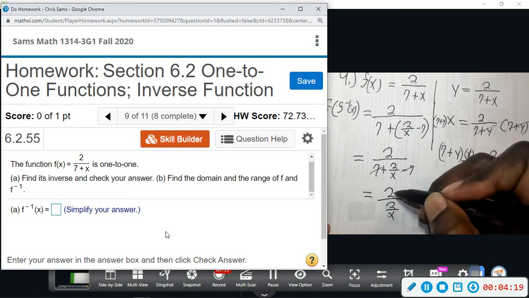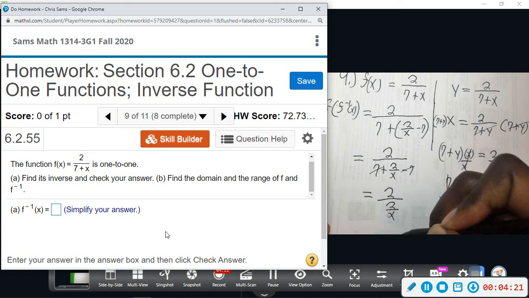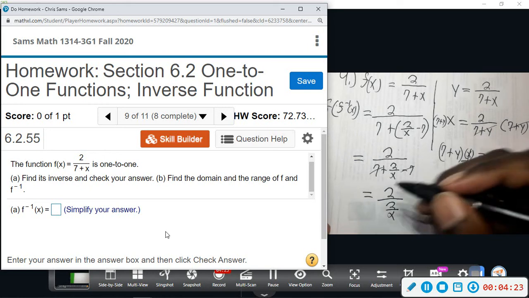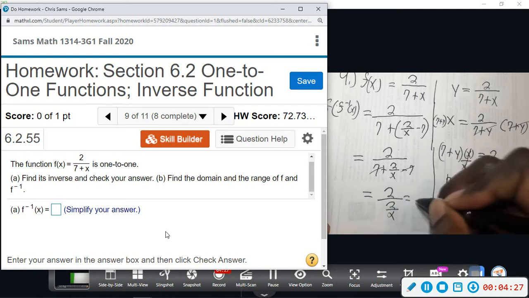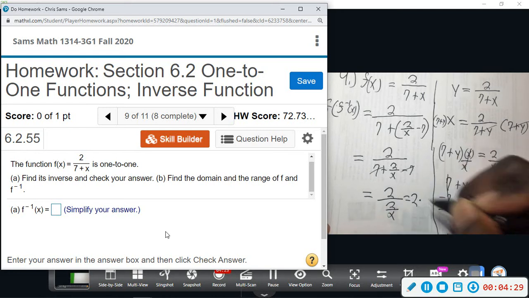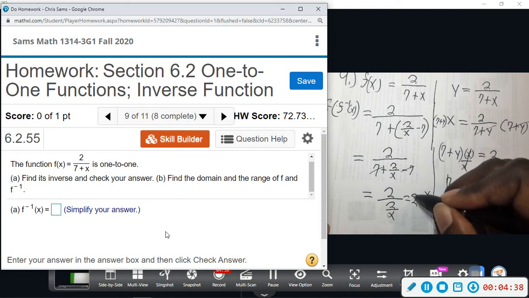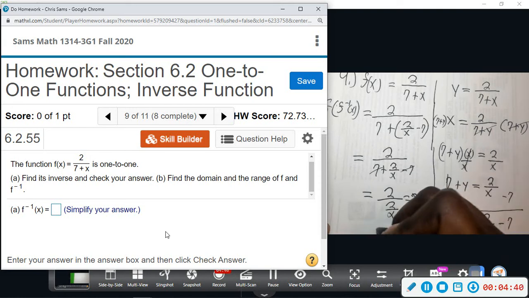Alright, there's no such thing as dividing by fractions. We're going to do keep, change, flip. Keep the top, change the division to multiplication, and flip this guy. So it'll be x over 2, and 2 times this divided by 2, we just get x.